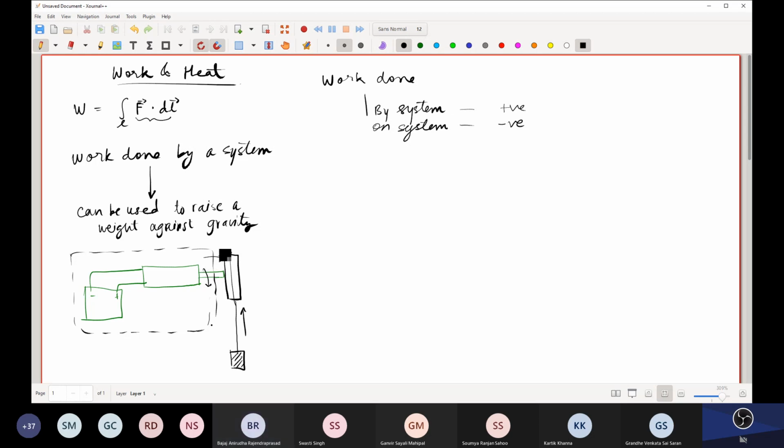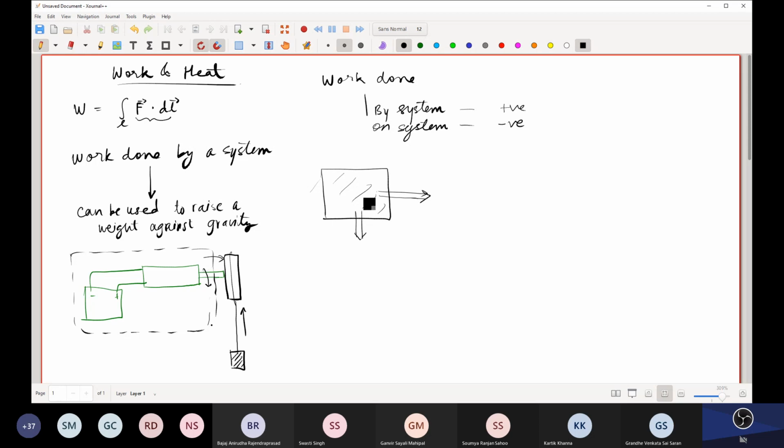If you have a system which has a certain amount of energy, and you want to transfer that energy to something, you can do it through work and heat. Either you can perform work, at the expense of the energy held by the system, or you can transfer heat. The transfer of heat is also at the expense of the temperature of the system.